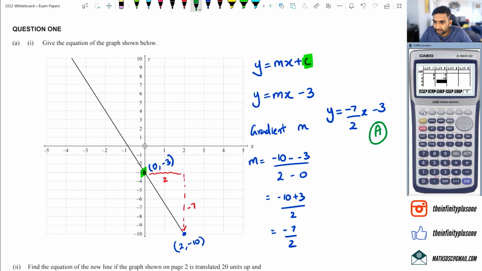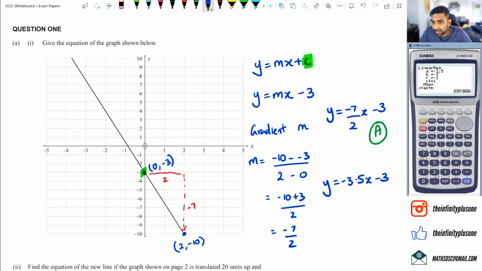So putting that in there, graph 1, calc, so that's F1 again, and we're looking for a single variable, which is x, and there we go, we're getting -3.5 and -3. So that a value there, that's the gradient, which is -3.5 or -7 over 2, and b is equal to -3. So if you're using the calculator, you might have just written your answer as y equals -3.5x - 3, and that's absolutely fine as well.